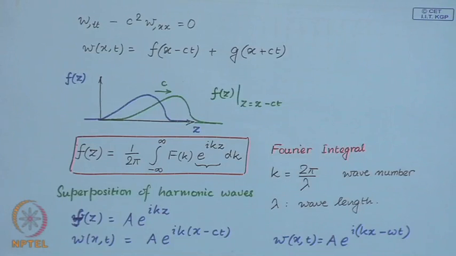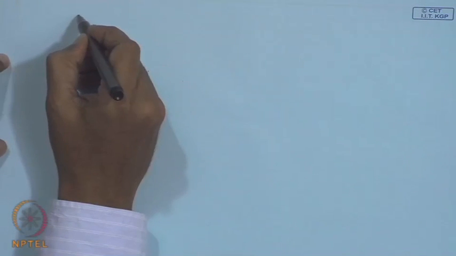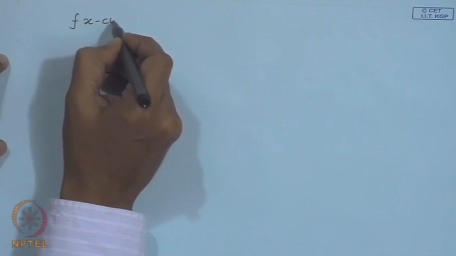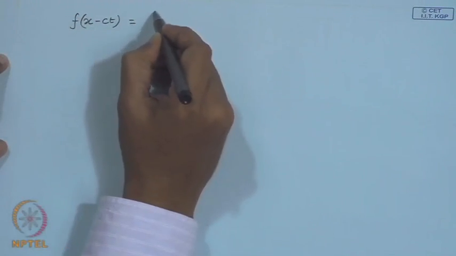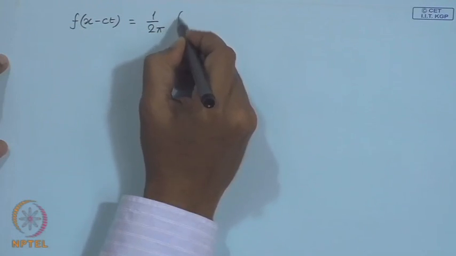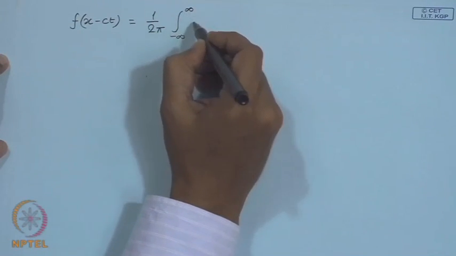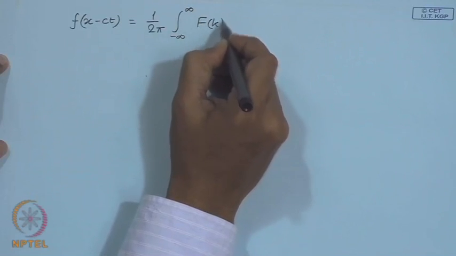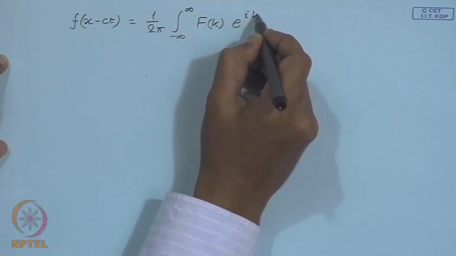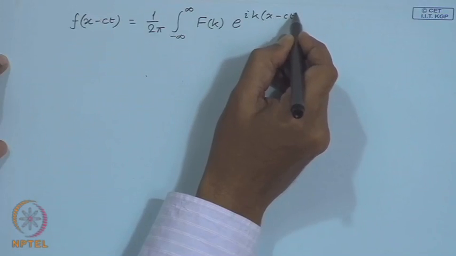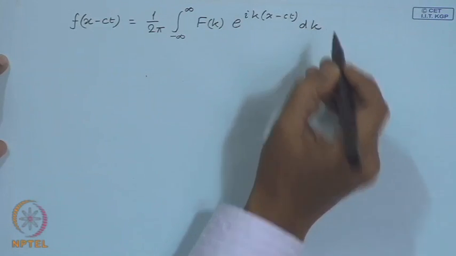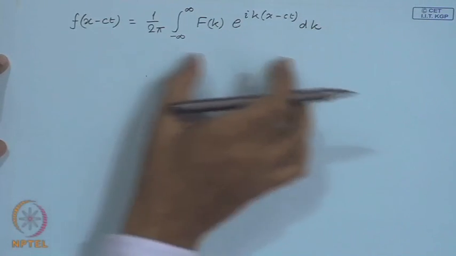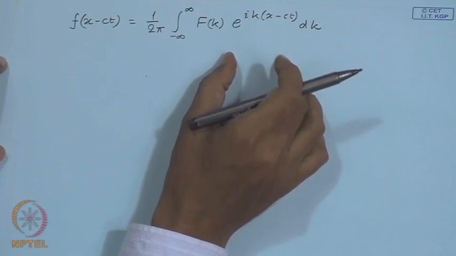Now, we will see how this comes about. So, this is a superposition of propagating harmonic waves.